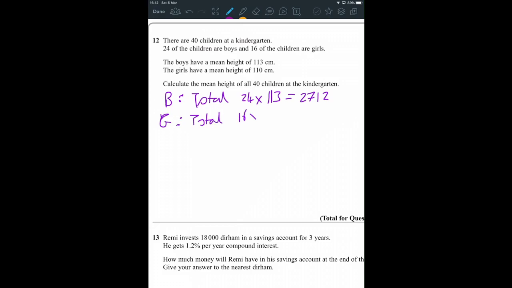For the girls, we'll do a similar calculation. There are 16 at 110 each. 16 times 110 is 1,760. So the total height of all of the children are those two added together, 4,472, and therefore the mean is that 4,472 over 40.